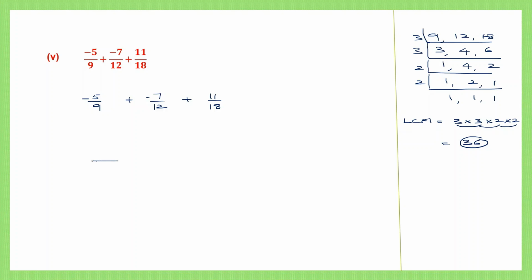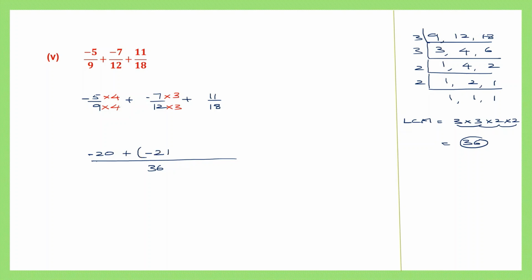So we're going to use 36 as a common denominator here. The first rational number, denominator is 9. Now 9 into 4 is 36. So let's multiply minus 5 into 4. So minus 5 into 4 is minus 20 plus second rational number, denominator is 12. 12 3's are 36. So minus 7 into 3 is minus 21.